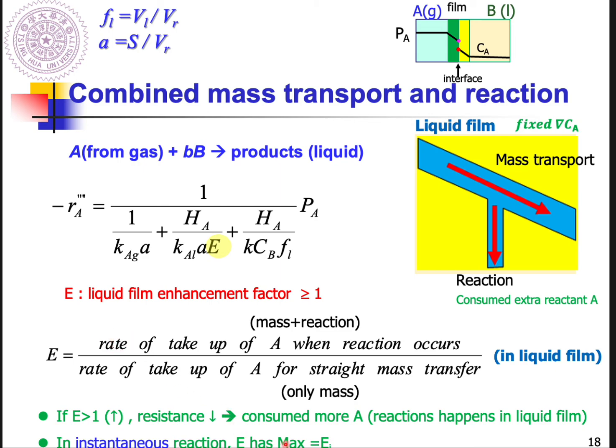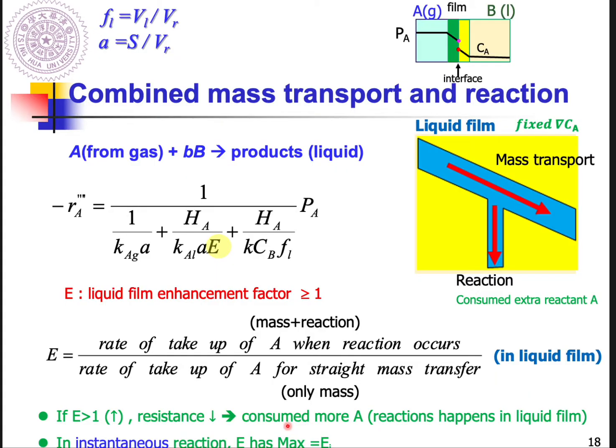Then E has an upper limit. We call it EI. I is the abbreviation for instantaneous reaction. So this is a physical meaning and some concept about E.